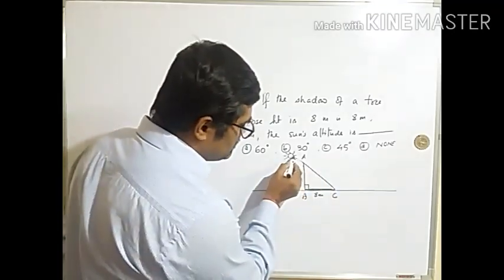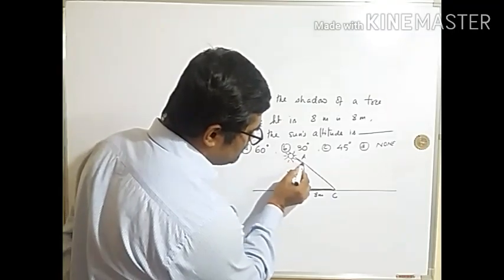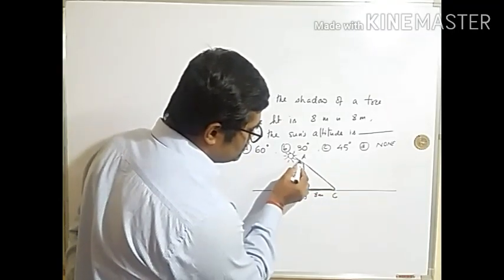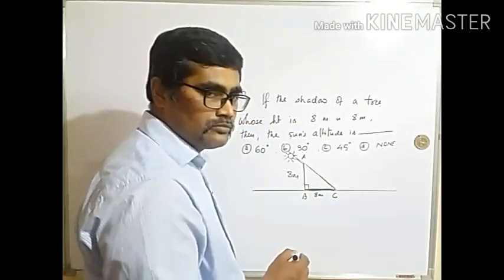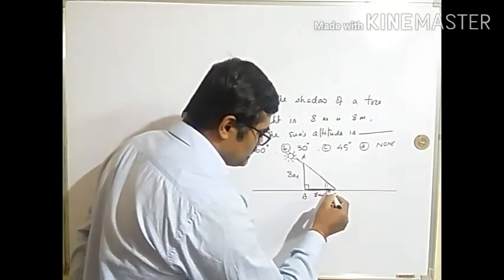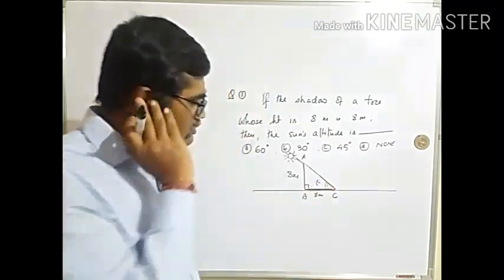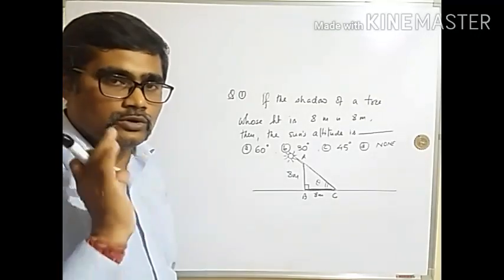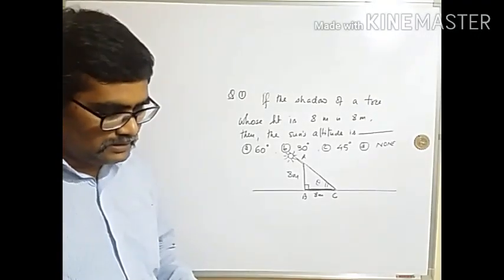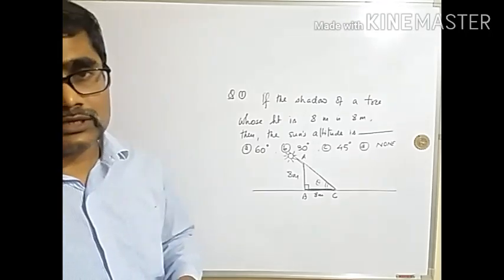So this particular hypotenuse is nothing but the line through which the sun rays come, and this angle is known as the sun's altitude. Always try to remember that this is the sun's altitude.